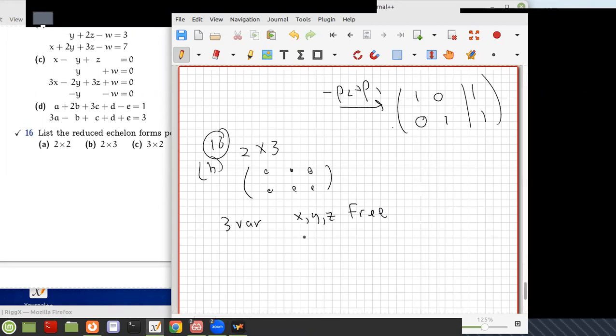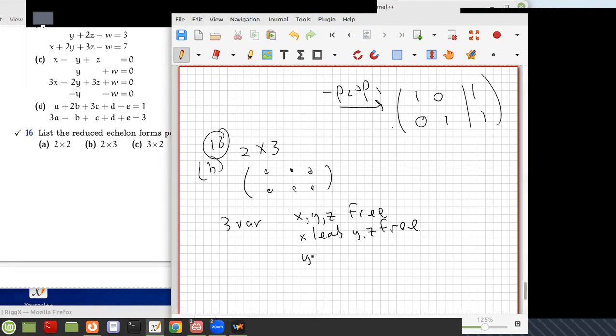Then you could have, let's see, what you could have X be leading, but Y and Z free, right? Because in other words, this is no leading.